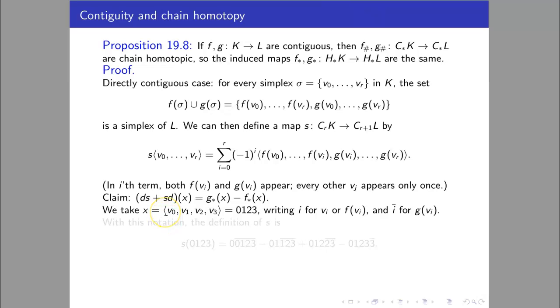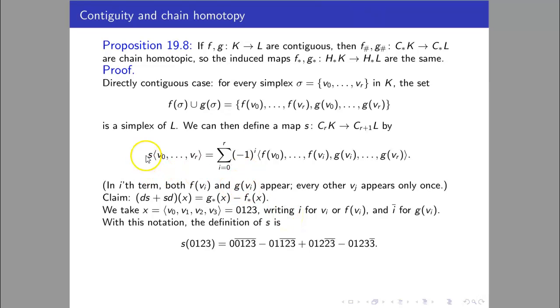So we've got these F of VI's, and we're just going to write I for F of VI. So F of V2 is just going to be written as 2. But then there's also going to be a G of V2, and to distinguish that from the F of V2, we're going to write it with a bar. So when we're talking about vertices of L, 2 means F of V2, and 2 bar means G of V2.